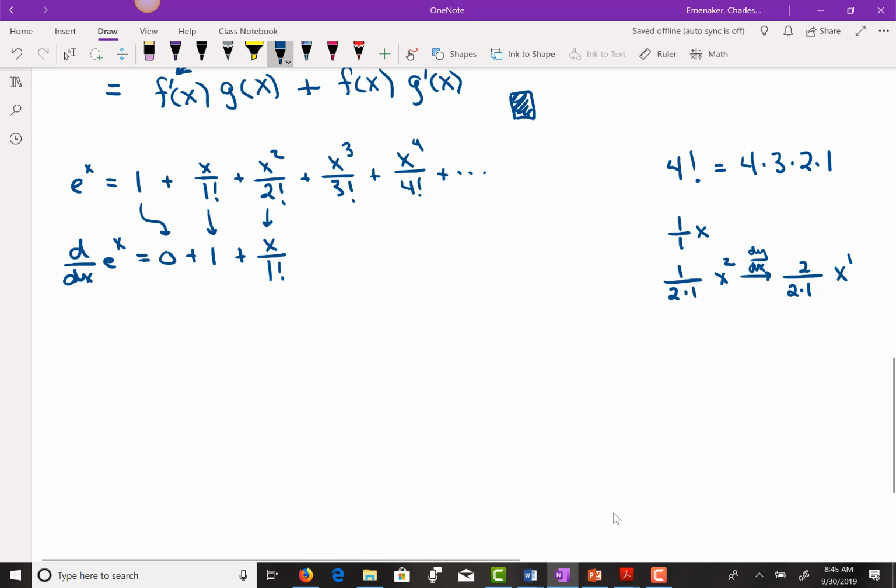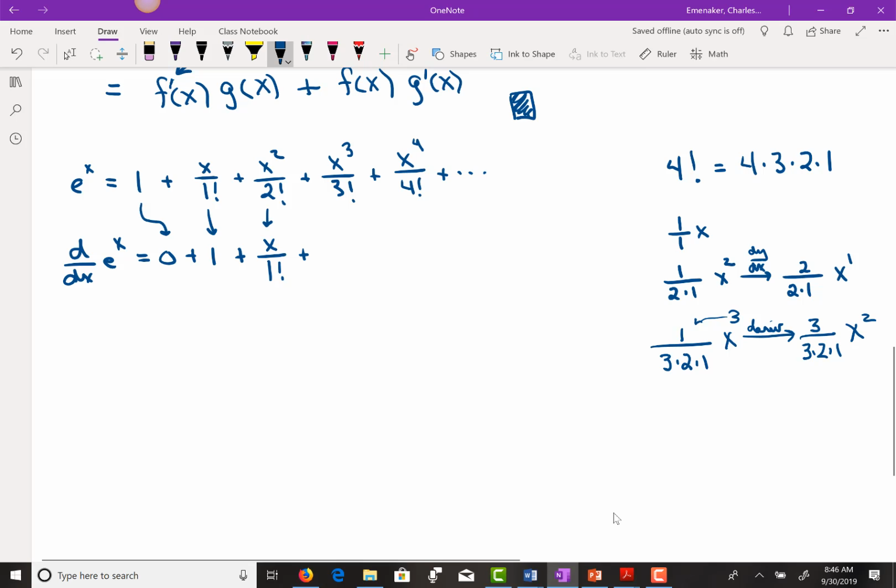Does that make sense? Plus, this next term is the same thing as 1 over 3 times 2 times 1 x cubed. When you take its derivative, the 3 from the exponent will come out front, and you have 3 over 3 times 2 times 1 x to what power?